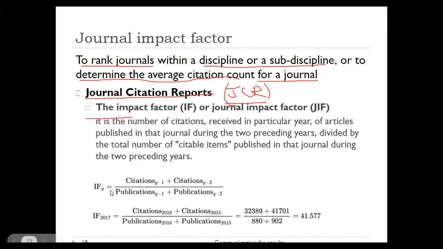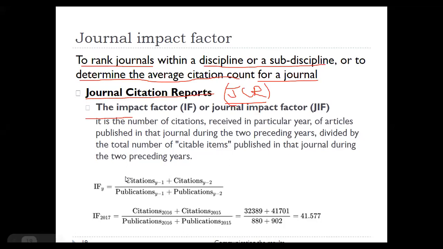For example, for a particular year, you count how many research papers were published in that journal in the previous 2 years, and you see how many citations those research articles received in these 2 years. Now, this citation may also include citations of older research papers. It just should be in those 2 years, right?